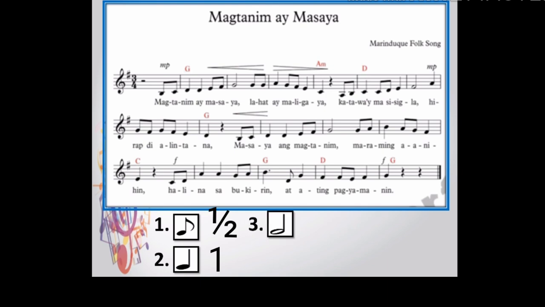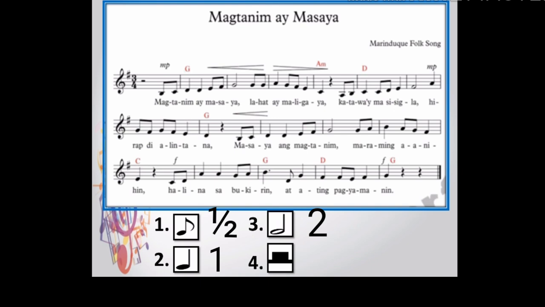What else? We also have half note. What is the time value of half note? The time value of half note is 2 beats of sound. Do we have rest? We have half rest.